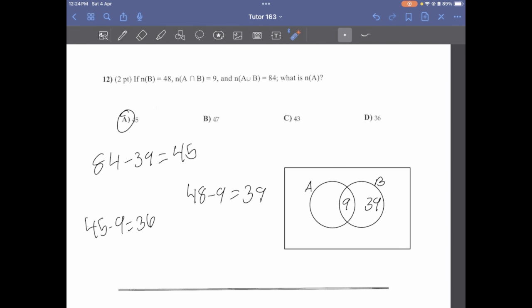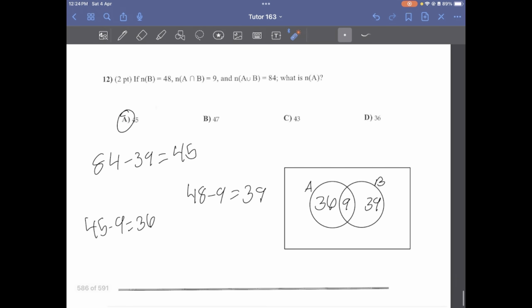Because this 45 includes the elements of A that intersect with B. So you'd have to subtract that 9 if you just want the numbers in A by itself. Then you see 36 plus 9 is equal to 45. That's the total amount in A.